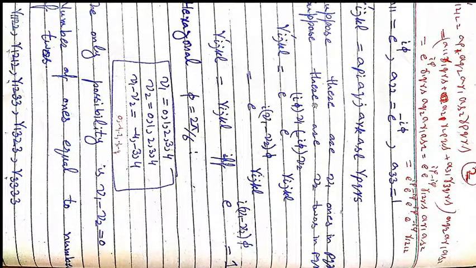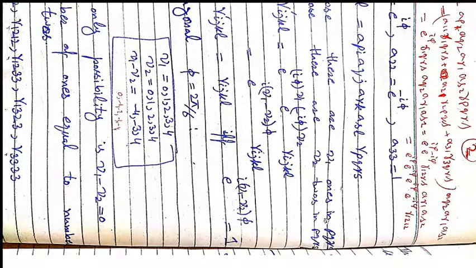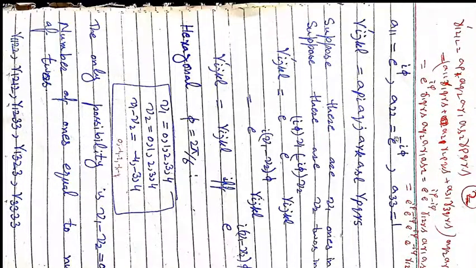Similarly, you are supposing that there are n2 twos in this PQRS. Why are we supposing 1's and 2's? Because here we can see that A11 is this and A22 is this and A33 is 1, so there is no need to suppose 3, because the value of A33 is 1.